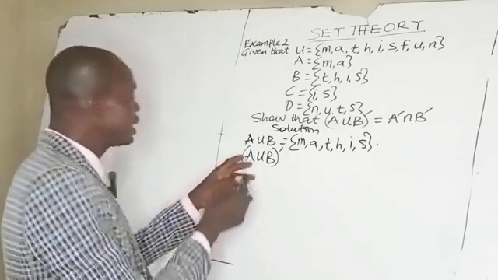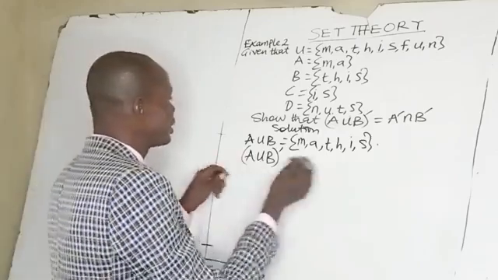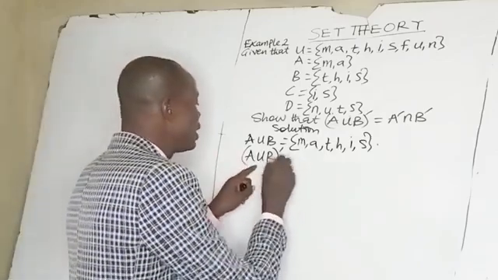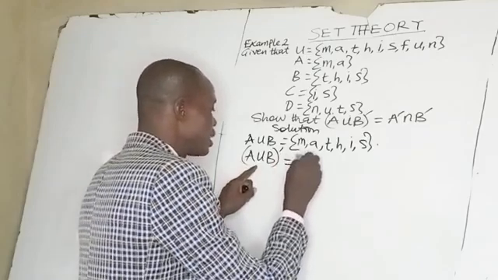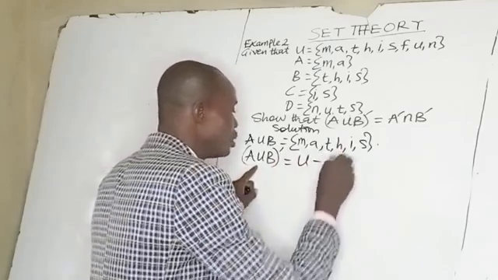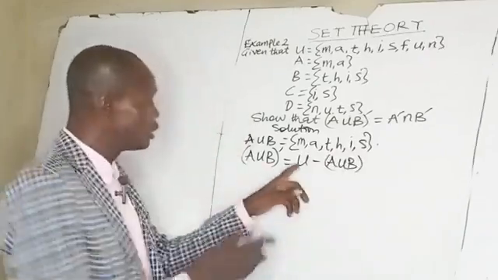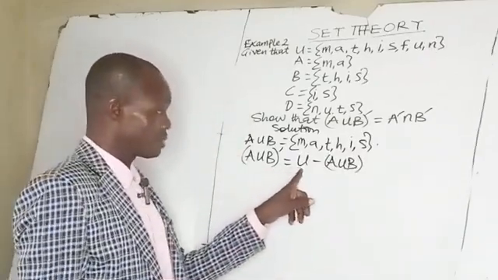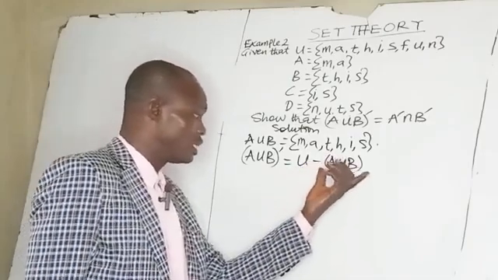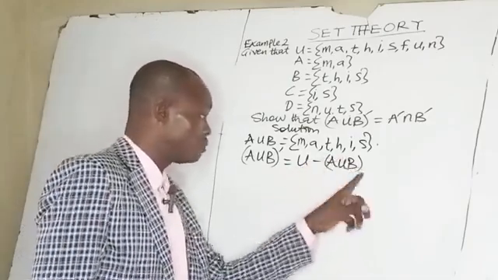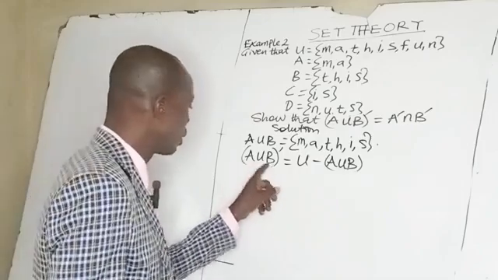So anything you have in the complement will be the universal set minus A union B. So that is anything you have in the universal set that are not in the union of the two sets, union of A and B. So that is the A union B complement.